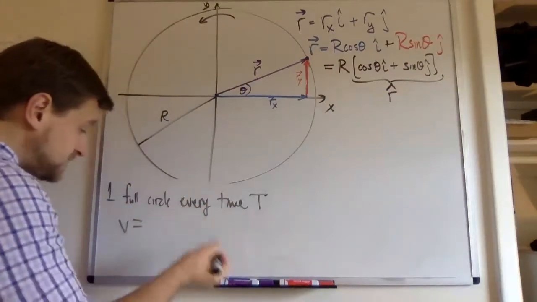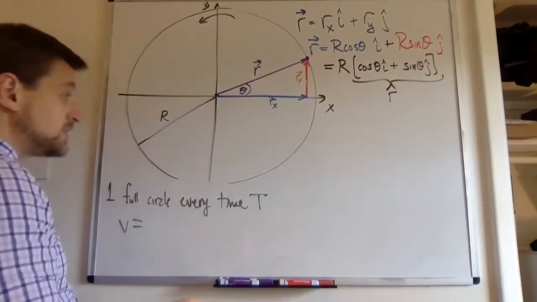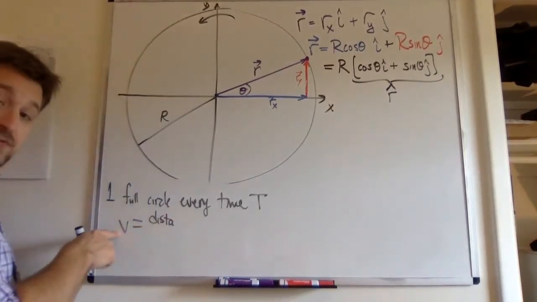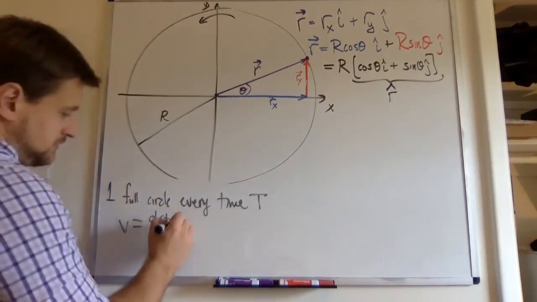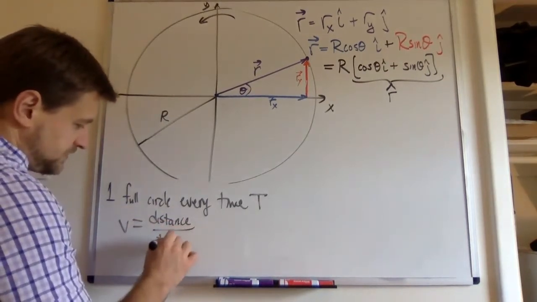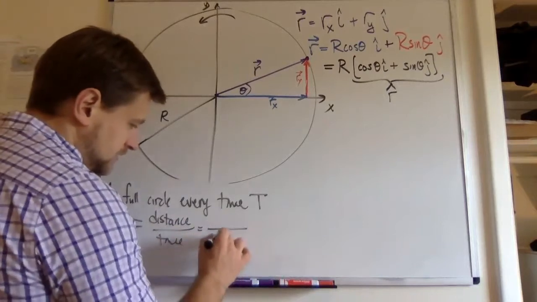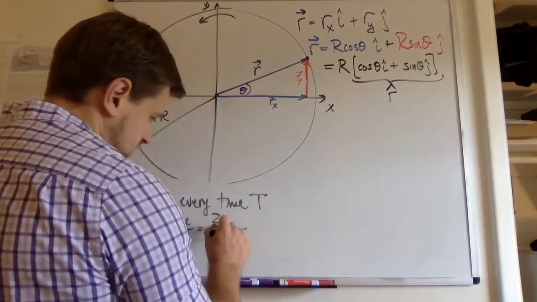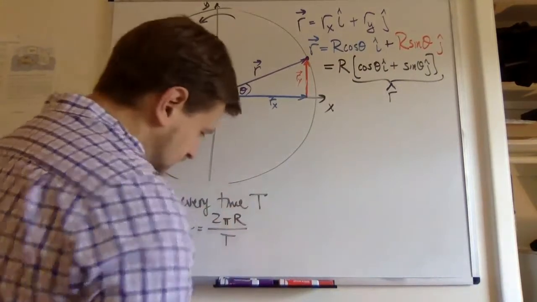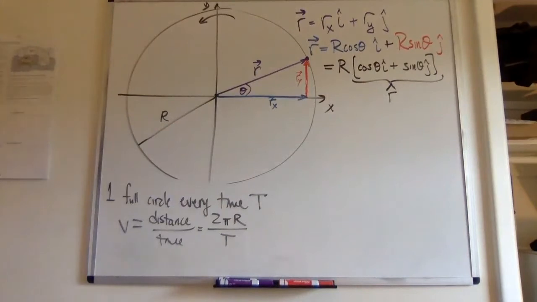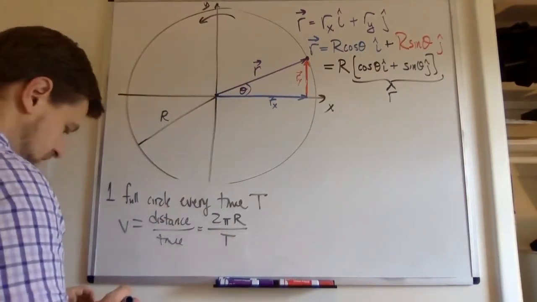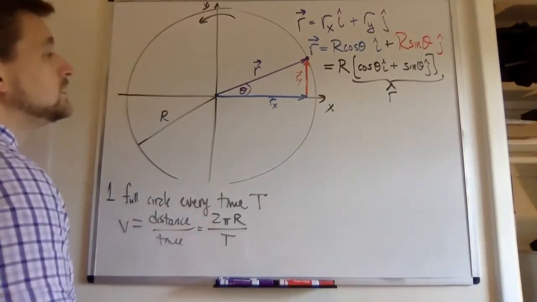But distance over time, the speed with which we're going in a circle, note that this has no vector arrow ornament. Distance over time: in an amount of time, capital T, how far do we go? The circumference of the circle. Okay, cool. So that's a thing we know.